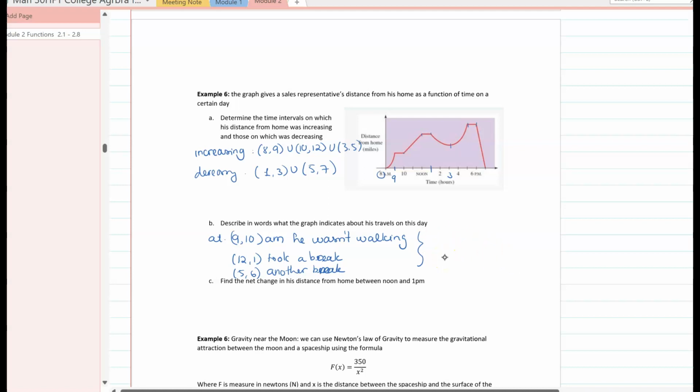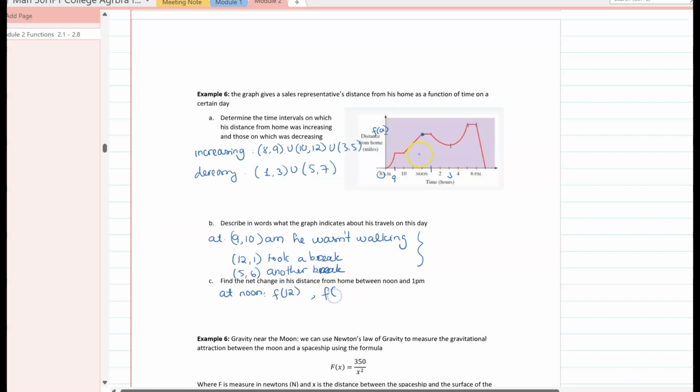Find the net change in the distance from home between noon and 1. Okay, so at noon, his distance from home is right here, whatever that is, f of a. And f of noon, so f of 12.